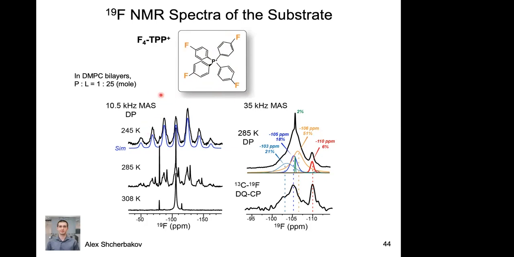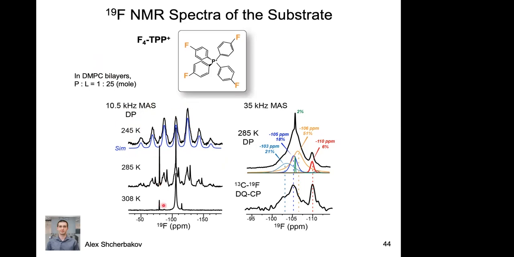So then we can take this fluorinated drug and measure distances to the protein amide protons, and figure out where the drug sits. Here's a fluorine NMR spectrum of the drug. All of this is done in the lipid membrane, DMPC. You can see as a function of temperature, at low temperature, the rigid limit, fluorine CSA, chemical shift anisotropy, spinning sideband.